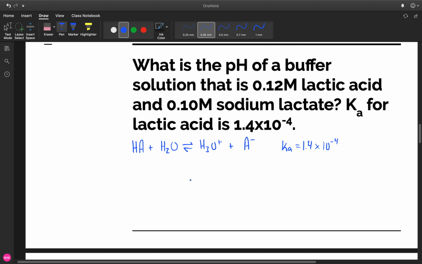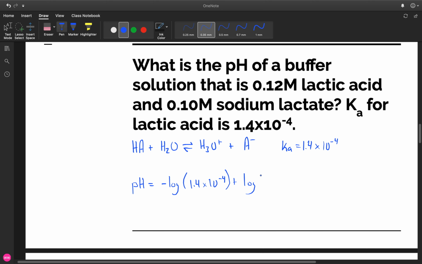First things first, we know this is a buffer solution because it's stated in the problem, but also because I have lactic acid, a weak acid, and sodium lactate, its conjugate base. So we can go ahead and determine the value of the pH. The pH is equal to the negative log of 1.4 times 10 to the negative fourth, plus the logarithm of the concentration of the base over the acid.